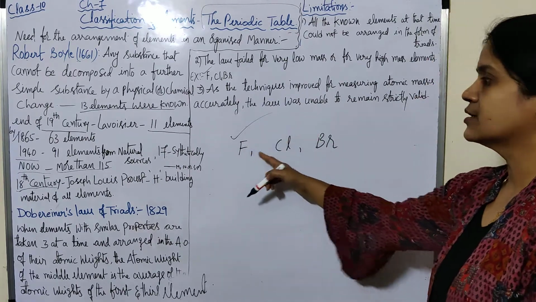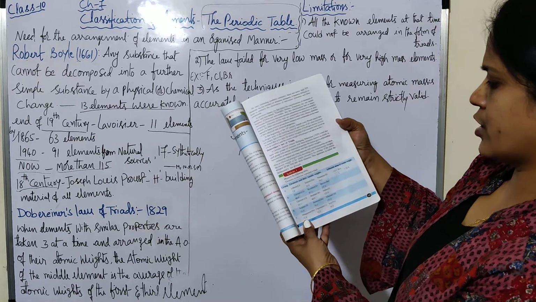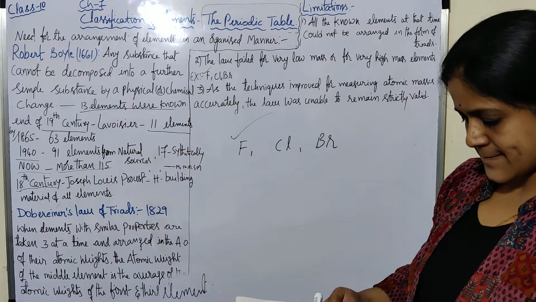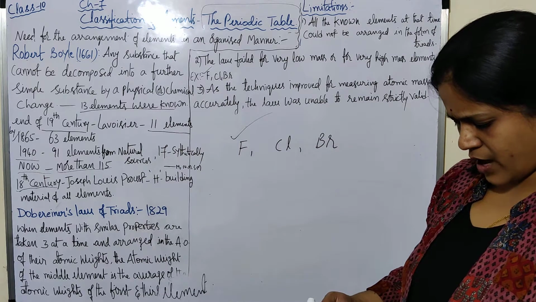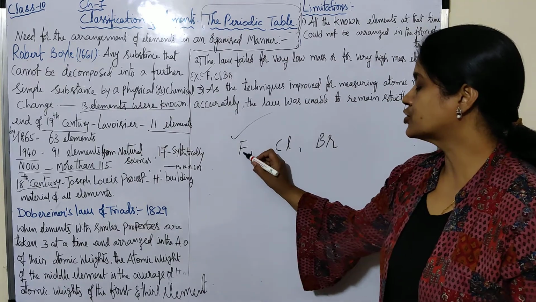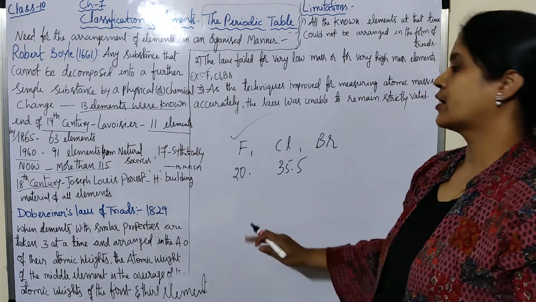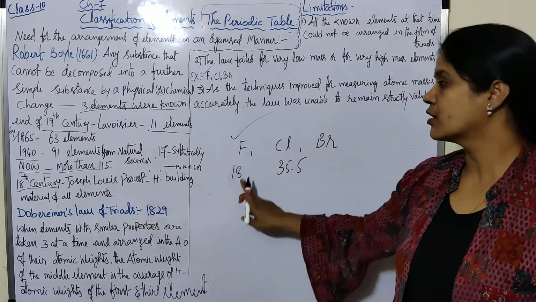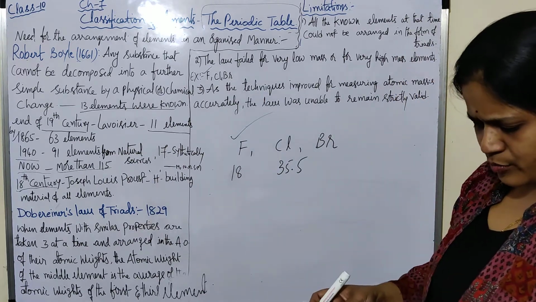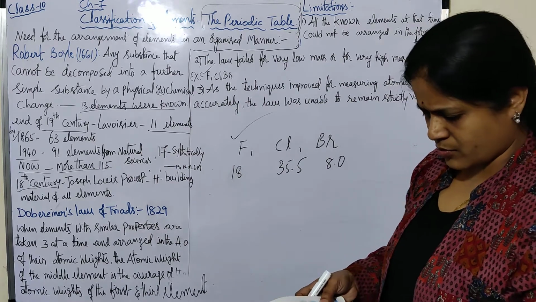In our textbook fluorine was not given. Fluorine's atomic number is 9, so its atomic weight is 18, chlorine 35.5, and bromine 80.